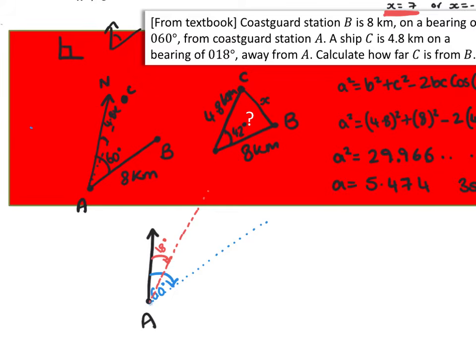So along this line, if we measure 8 kilometres, wherever we stop, that is where B is, okay? On our red line, because it's on a bearing of 18 degrees from A, it says it's 4.8 kilometres. So if we measure here, we get 4.8. This is our C. But the actual angle here is 60 minus 18, which is 42 degrees, okay? So when you're drawing these pictures, please make sure you understand what's going on.